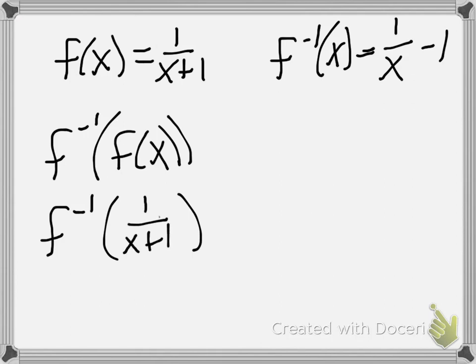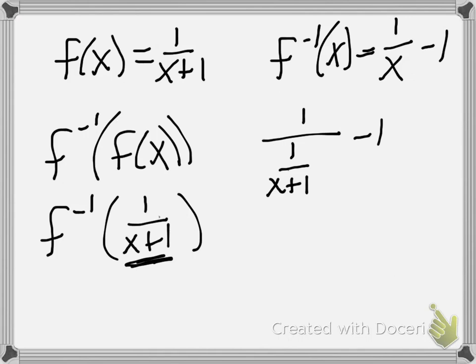And what we want to do is plug this right here in for x in our f of x function. So our f inverse function is 1 over, now in place of my x, I'm going to plug in 1 over x plus 1 in for x. And I still have this minus 1 behind my function.